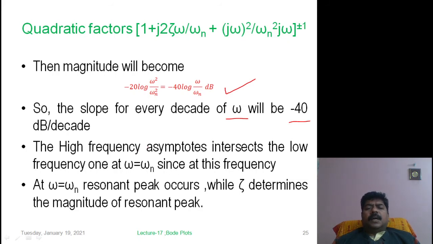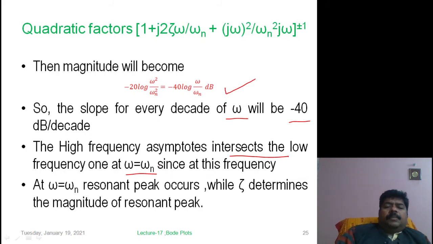While the high frequency asymptote intersects with the low frequency one at omega equal to omega n.